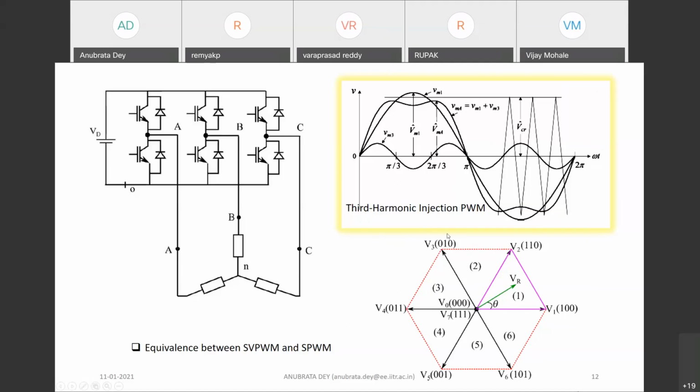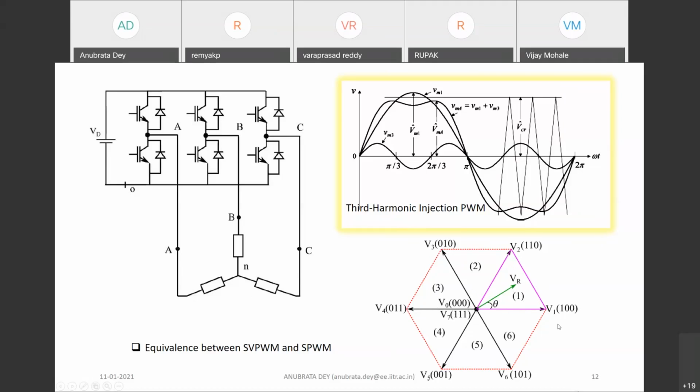If you look at it from the space vector technique, in order to get a particular reference VR, you switch V1, V2, V0 and V7 in a switching cycle. So you are doing a volt second balance operation here.